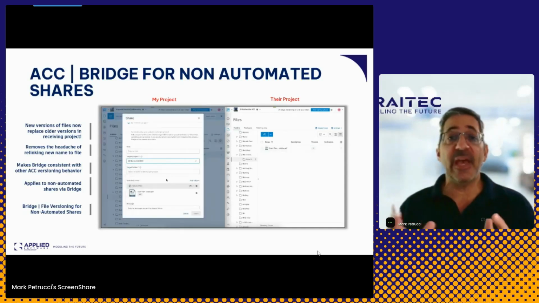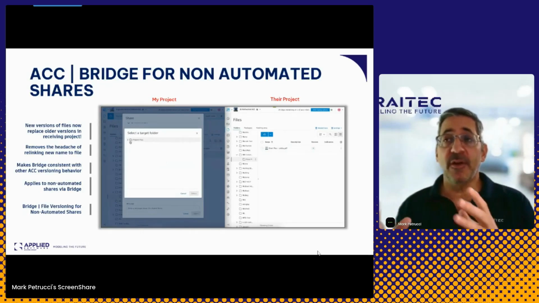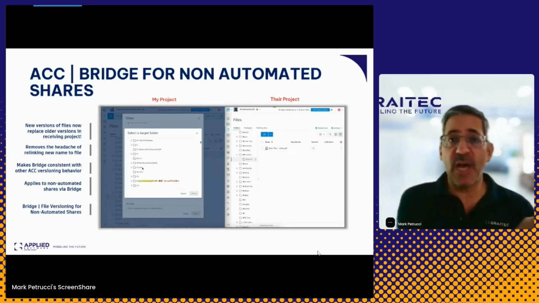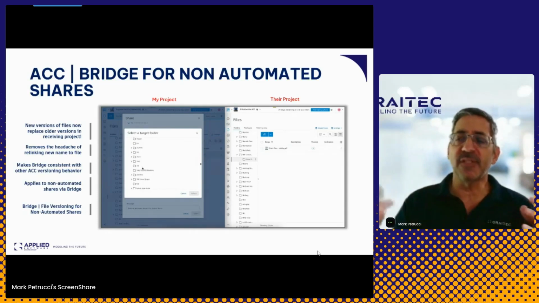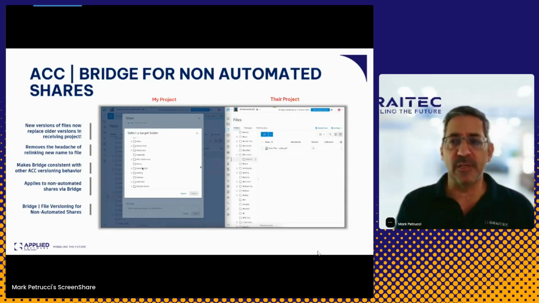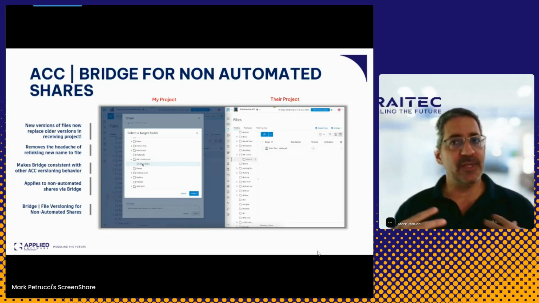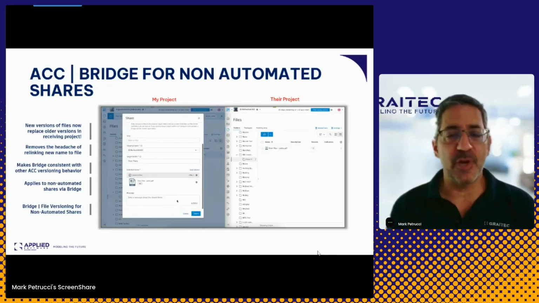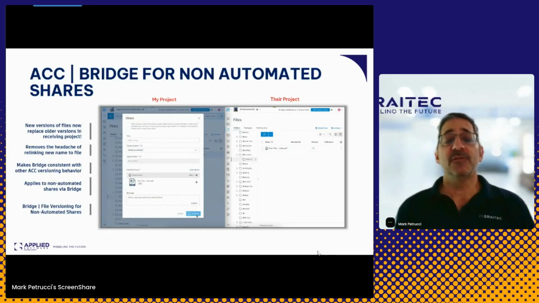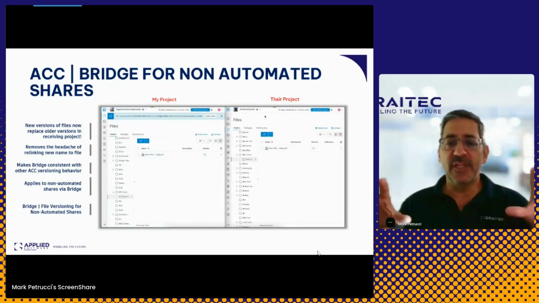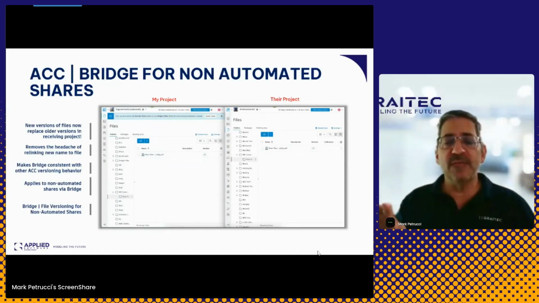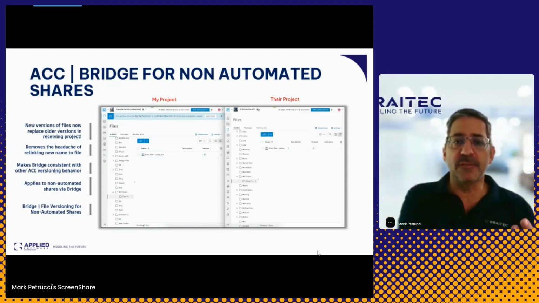In the past, the architect might put their files on the general contractor's account, and the general contractor would have to set up permissions for the architect to work in there. And the architects are like, I don't want to give the GC my project files until I'm ready. So when Autodesk developed Bridge, that allowed everybody to work in their own ACC project, and when ready, they can copy the files over to the other project.